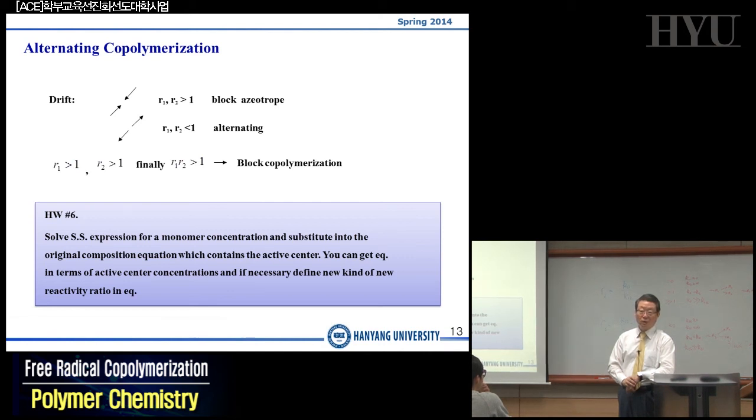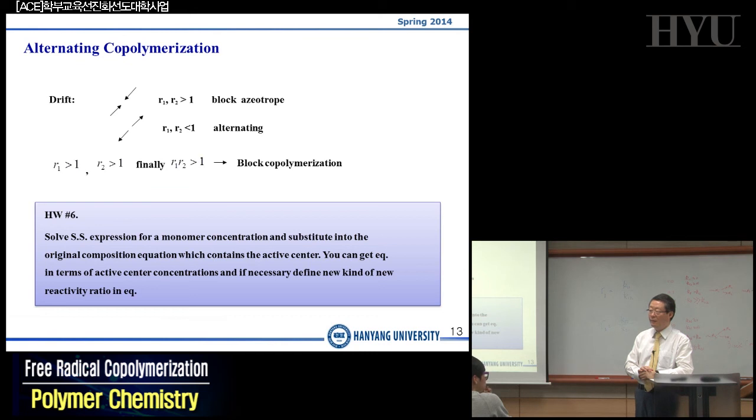What if, instead of a monomer reactivity ratio, we defined a radical reactivity ratio by eliminating monomer concentration and expressing the copolymerization in terms of the radical concentrations? Okay, this is the opposite way of what we have already defined. Now, this is not realistic, okay, but let's define the radical reactivity ratio instead of monomer reactivity ratios.